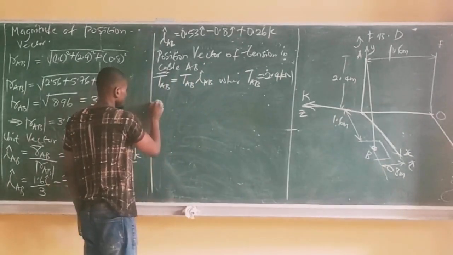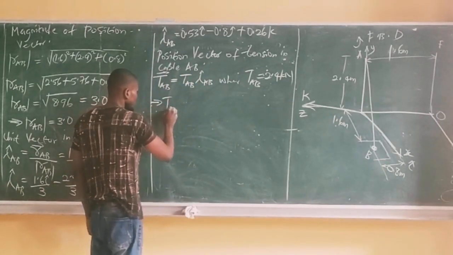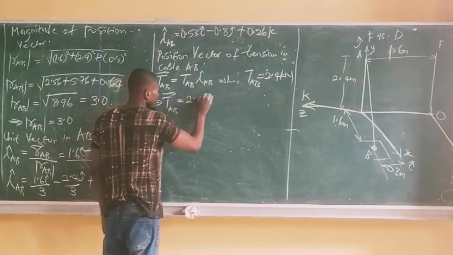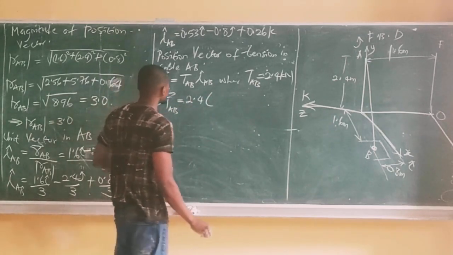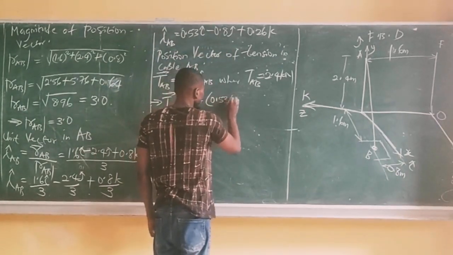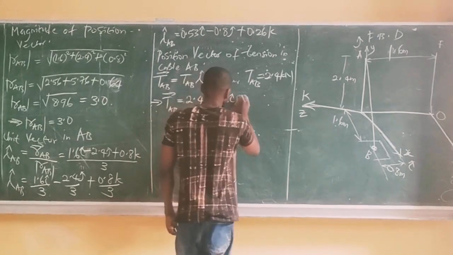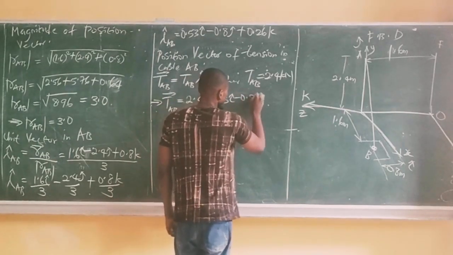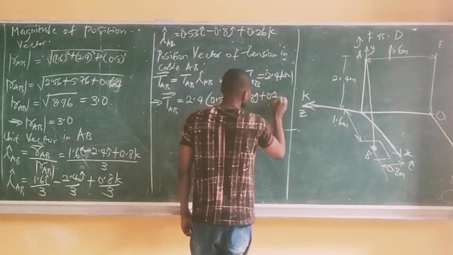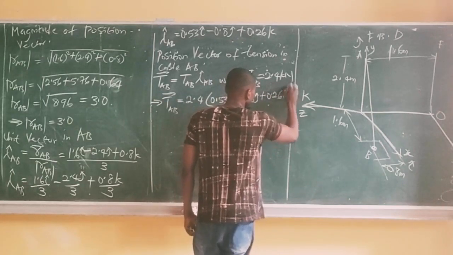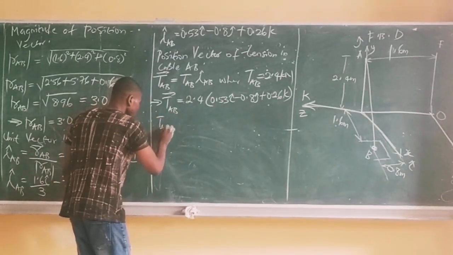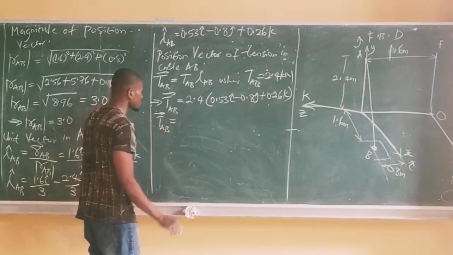So that simply implies that the position vector of this tension in AB is now equal to the magnitude, 2.4, times the unit vector we obtained here, 0.53i minus 0.8j, and plus 0.26k.